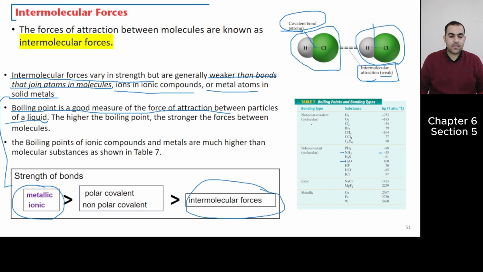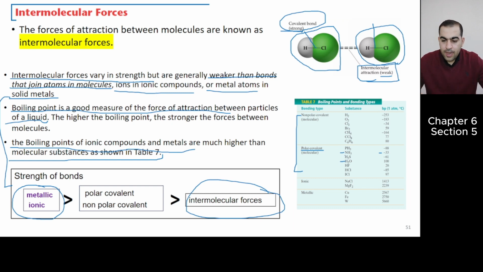And guys, look, generally the boiling points of ionic compounds and metals are much higher than molecular substances, as shown in table 7. Guys, look here. I want to make it clear, these are all molecules. Polar covalent means, for example in NH3, the bond between atoms is covalent. Like H2O, hydrogen and hydrogen, isn't it?